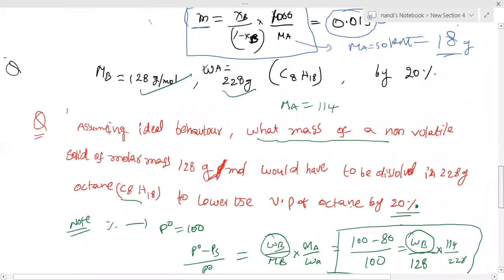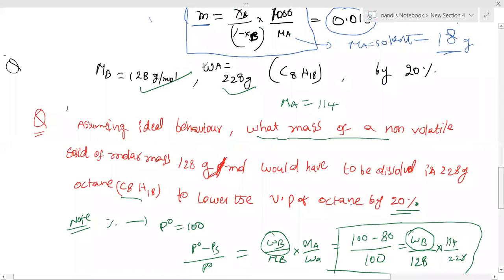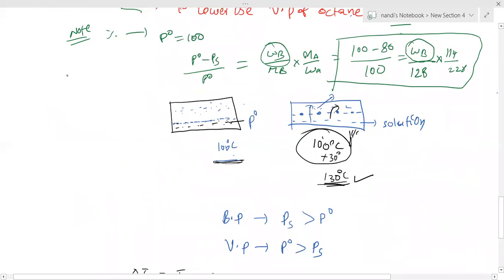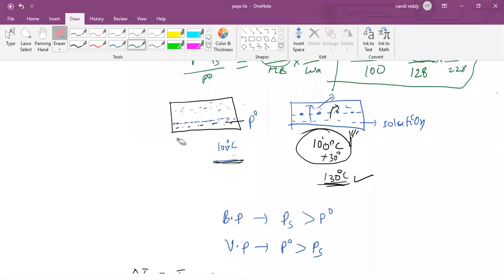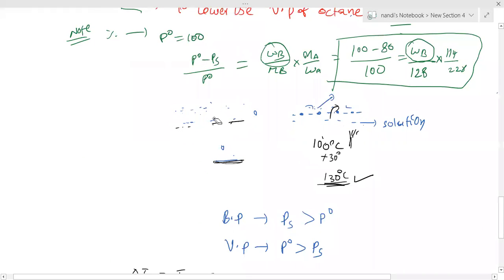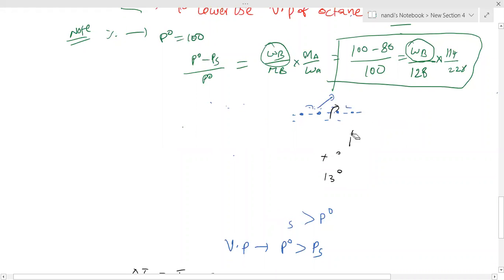So next I'm going to discuss the next concept, the next colligative property. Please write: elevation in boiling point.